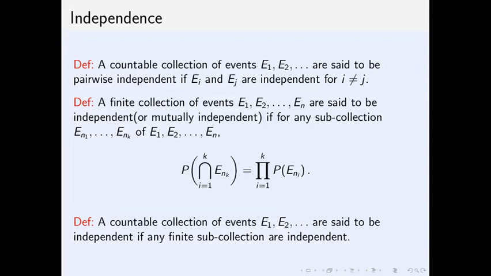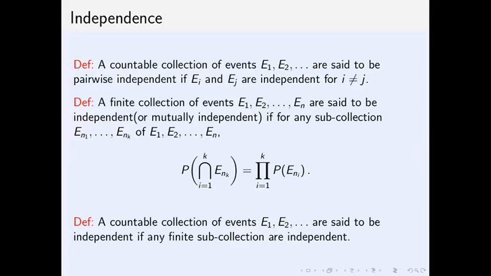I have to take any two and check whether any pair of events is independent or not. If any pair is independent, we say it is pairwise independent. If not, it is not pairwise. Note that if there exists only one pair for which the independence is not there, then we will say that the collection is not pairwise independent.